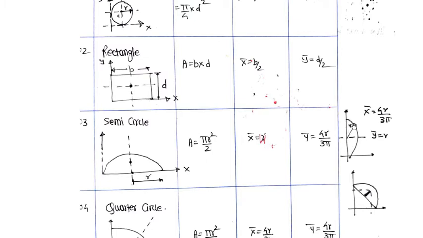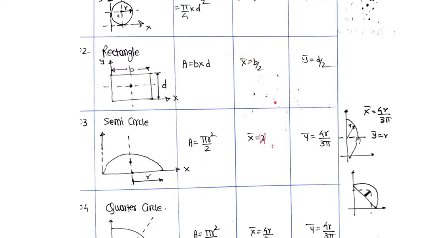Since the semicircle is placed with a different orientation, the same vertical line of symmetry is now a horizontal line of symmetry. The centroid lies on this line.